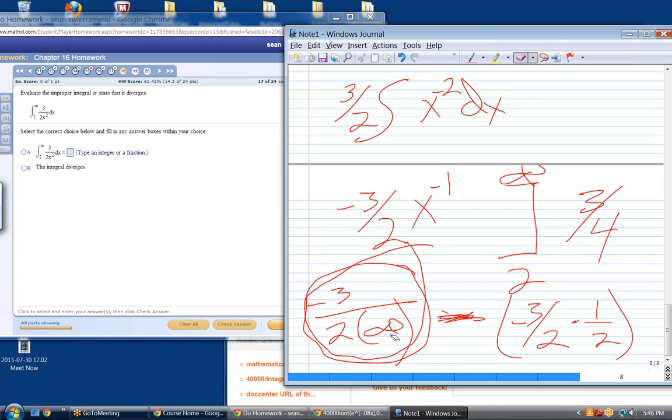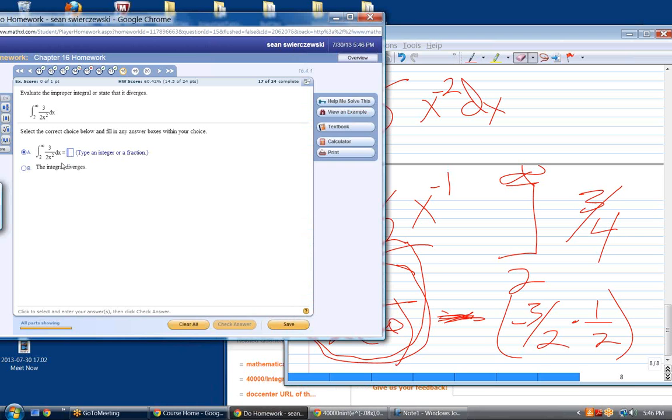So the whole thing goes to 0. We're basically taking the limit of this as x goes to infinity, which is 0. And then we're subtracting the evaluation of this thing when x equals 2, which turns out to be minus 3/4. So I like 3/4 as an answer here. And it doesn't diverge because it doesn't go to infinity. For it to diverge, it would have to go to infinity.